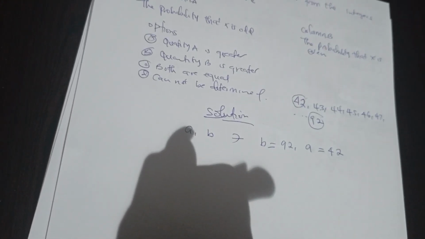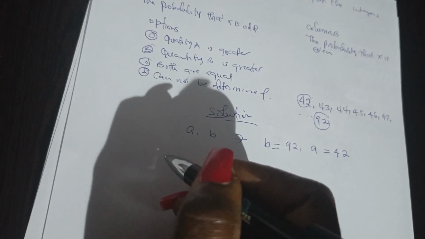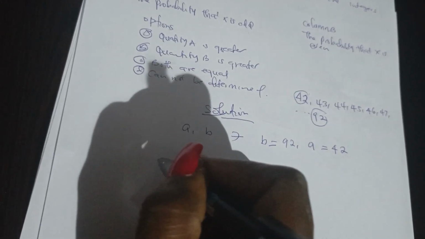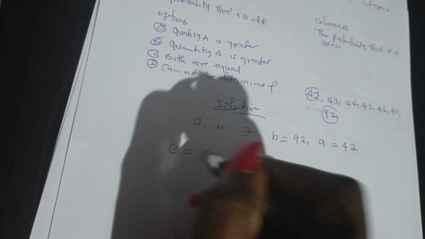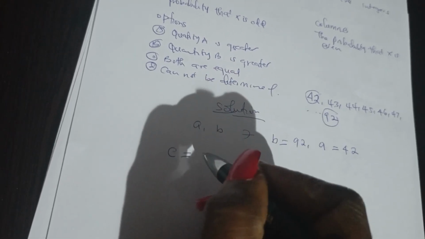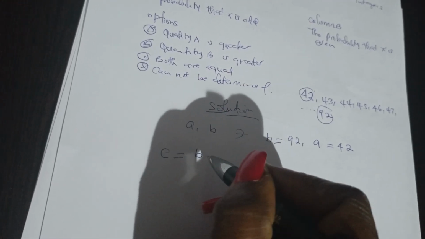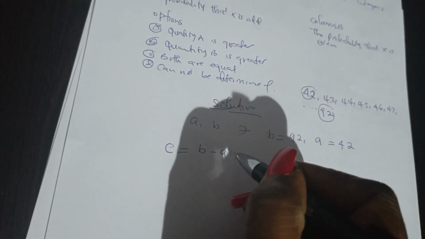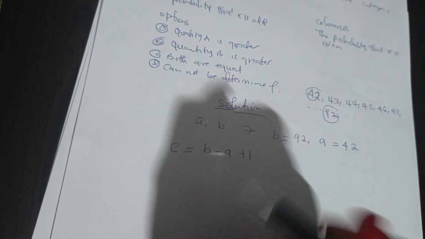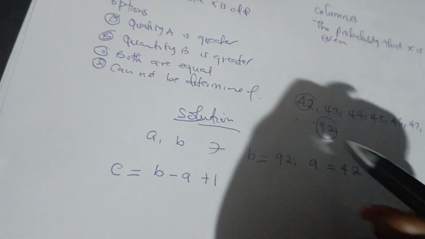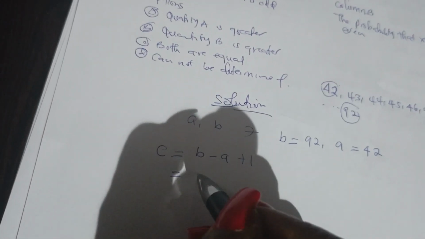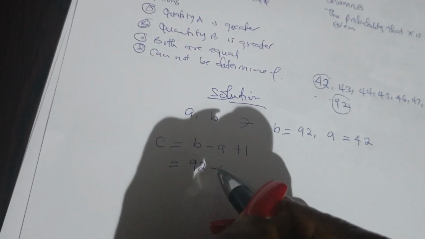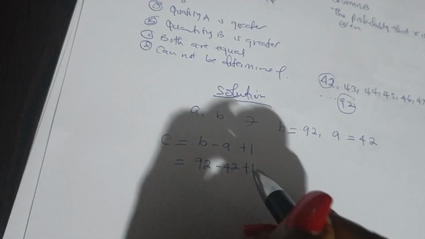To determine the size of x, let's pick another number C, defined as the highest number minus the smallest number plus 1. This will tell us the number of integers within this range. So this is going to be 92 minus 42 plus 1.